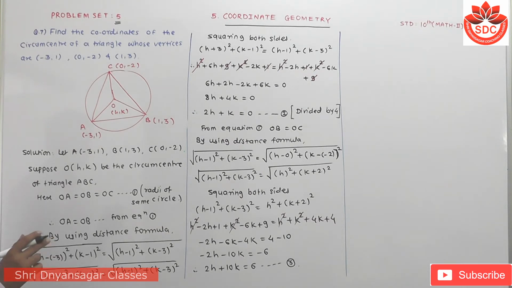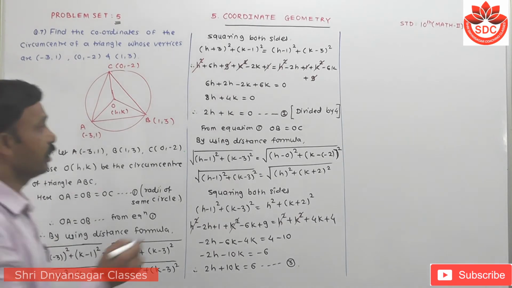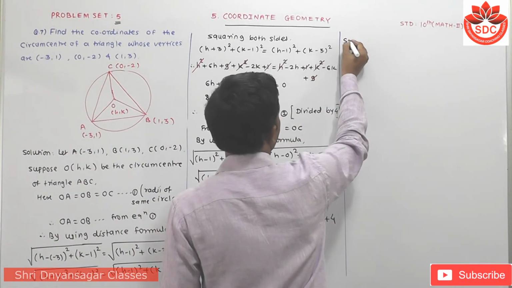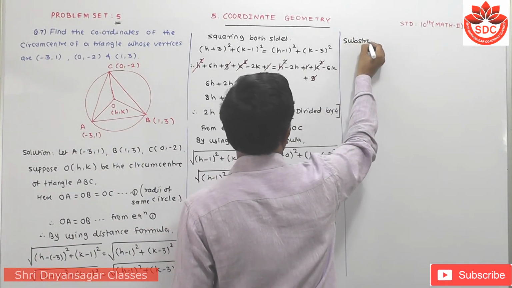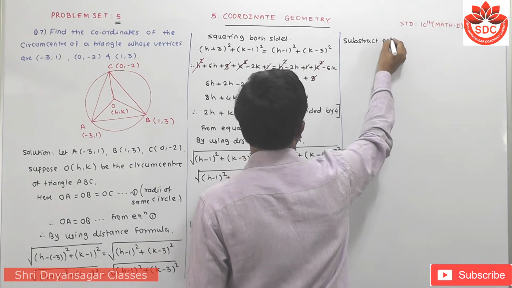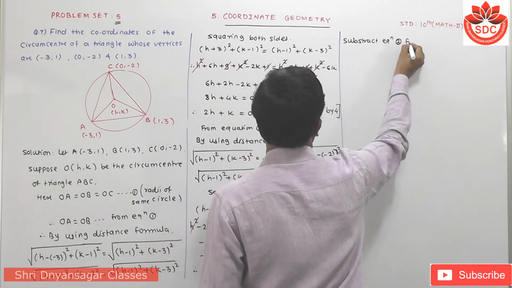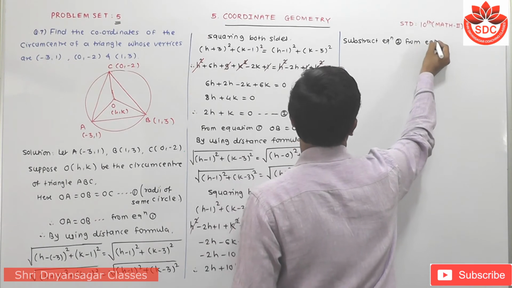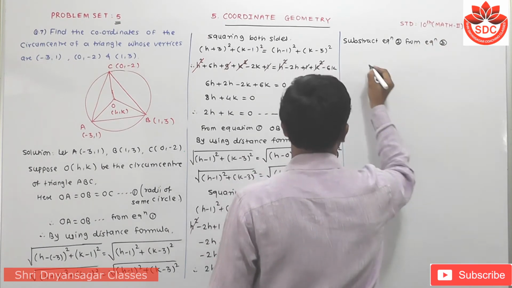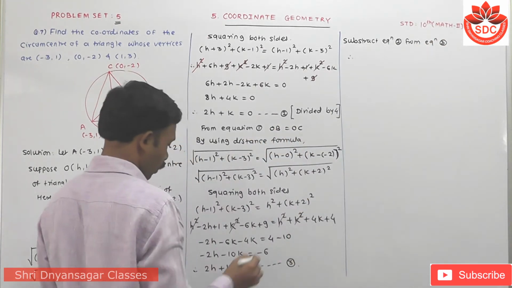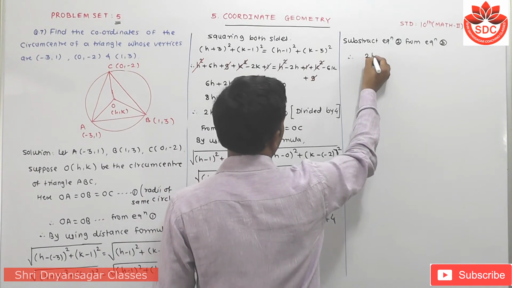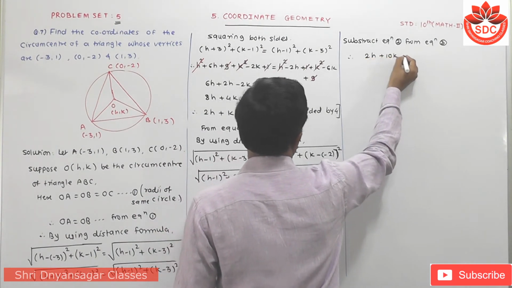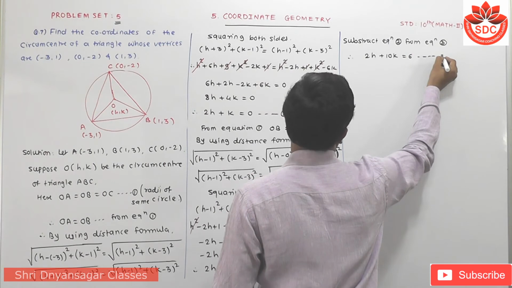Subtract equation second from equation third. We write: subtract equation second from equation third. So first I write the third equation, twice h plus 10k is equal to 6.